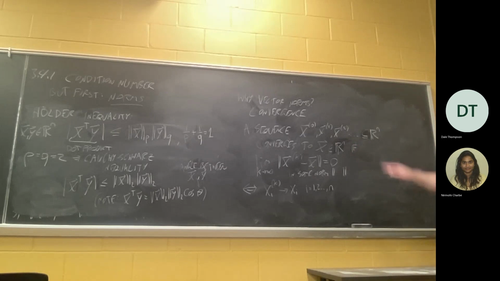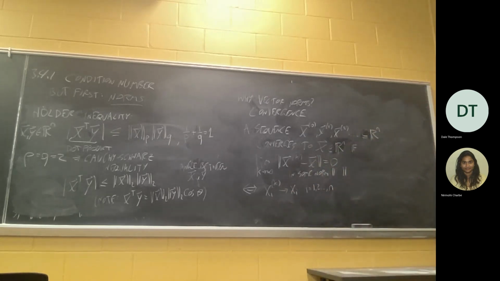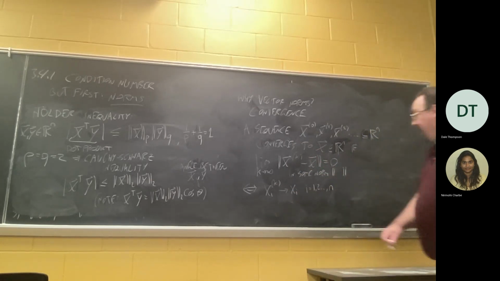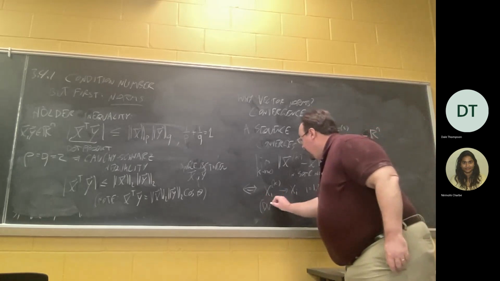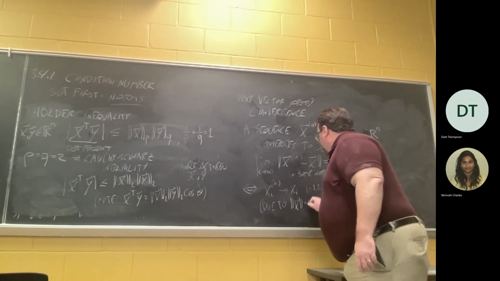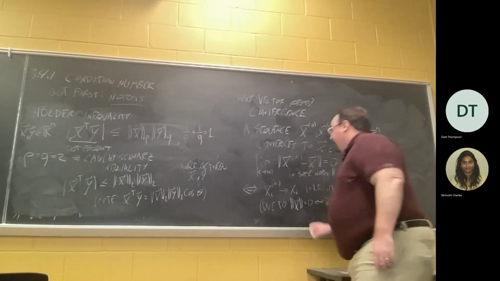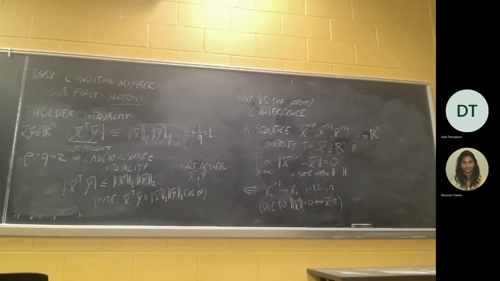So convergence in the norm is equivalent to component-wise convergence. You can't have one without the other. And this is the case due to the norm of a vector being 0 if and only if the vector itself is a zero vector. That's why that property of norms is particularly important.